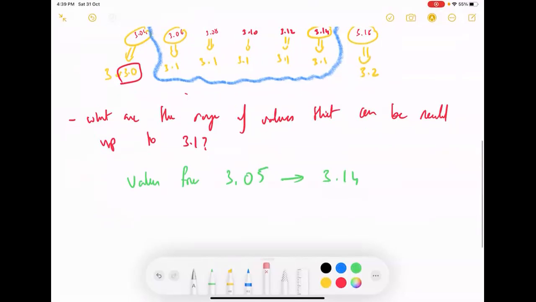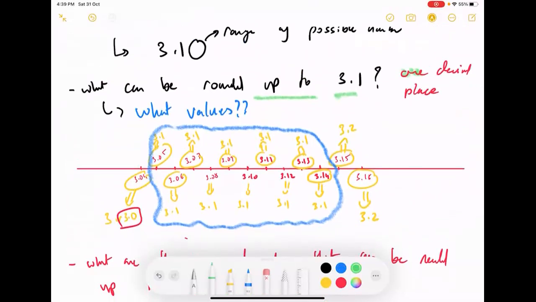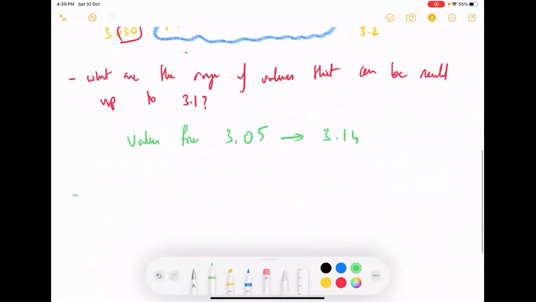Okay, let's take another example. Let's zoom out here. Can we write 3.149 to one decimal place?